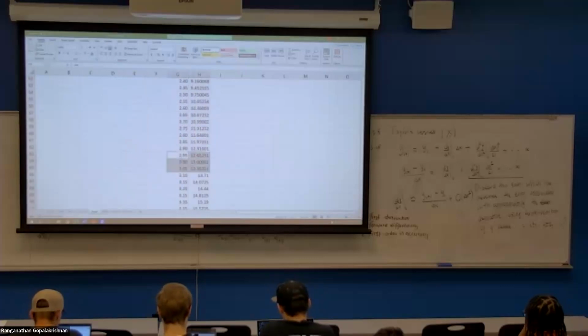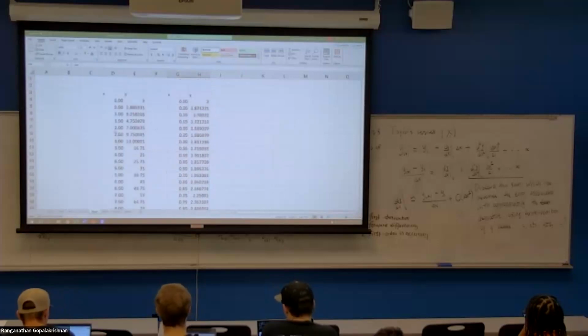Good. So I'm going to choose these values. At x equals 3, I have my immediate neighbors. You don't have to create the entire table. You just need 3 values for the moment.